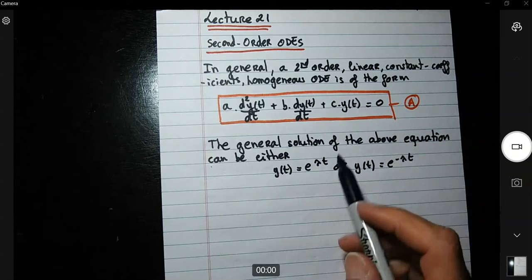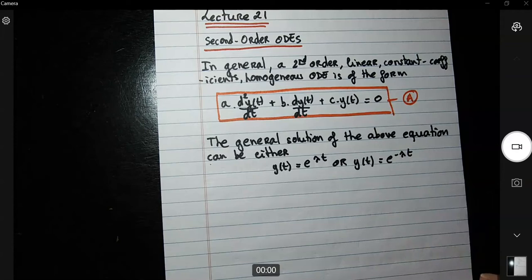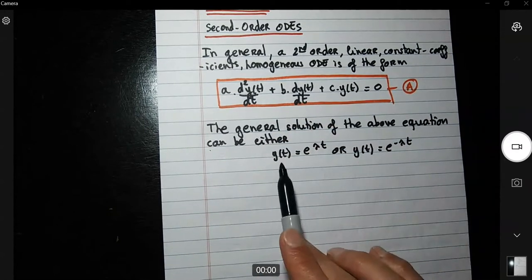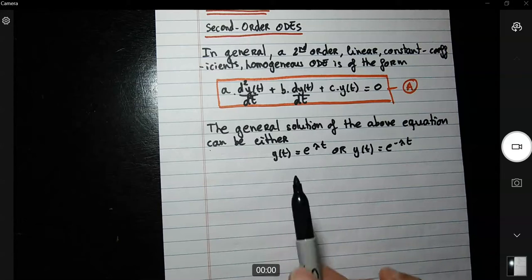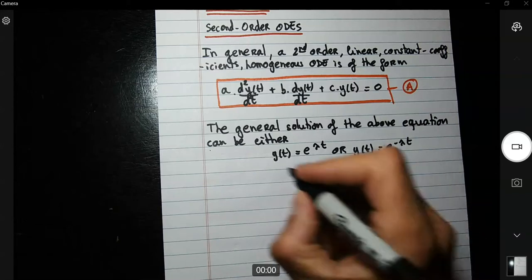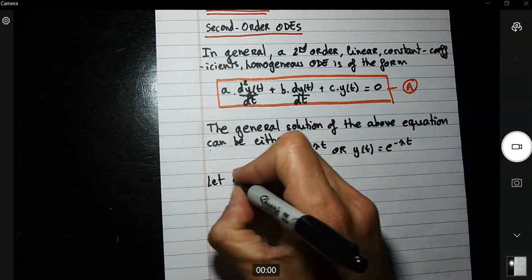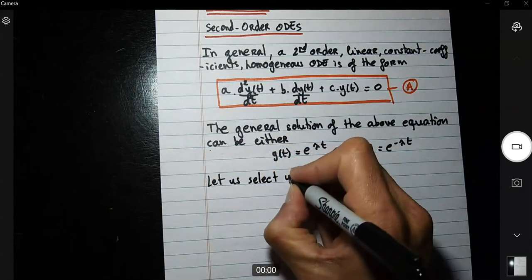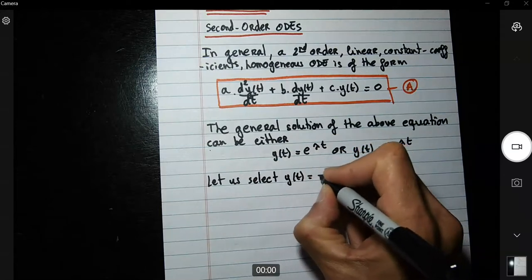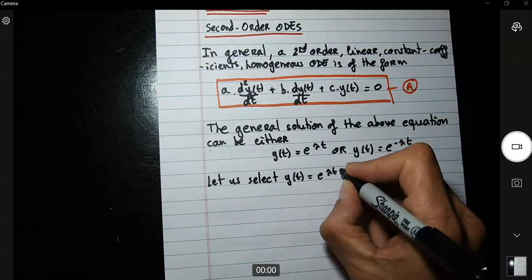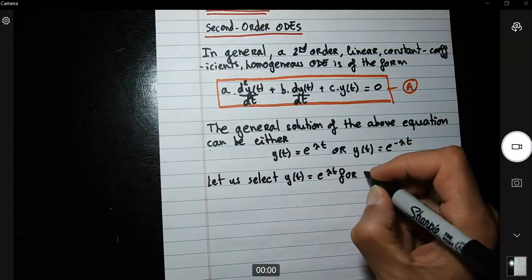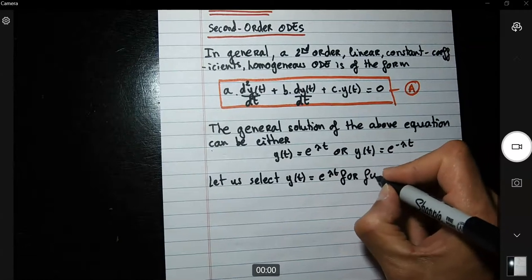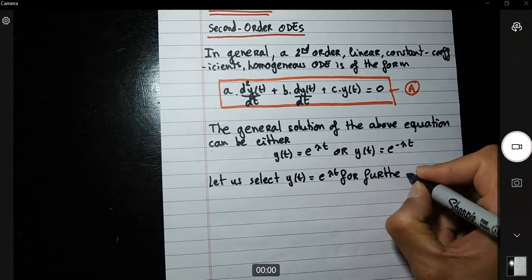Okay, I'll let you go and check yourself. But over here, just for consistency with the first order ODE, we're just going to do the future derivation using this expression here. So let us select y of t equal e lambda t for further work.